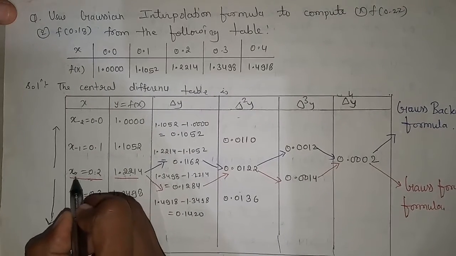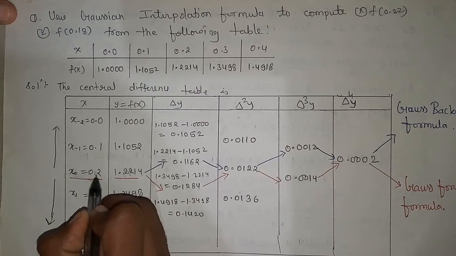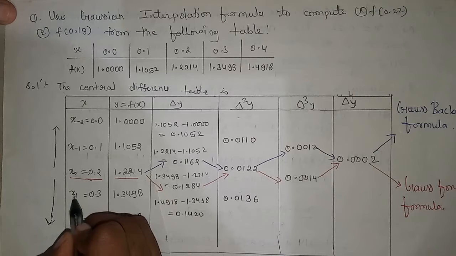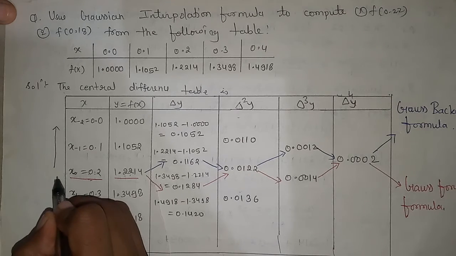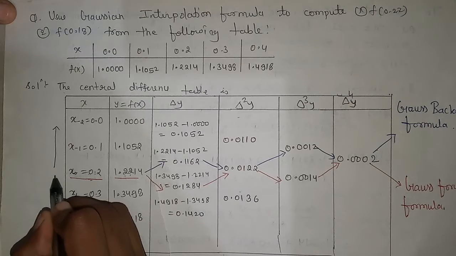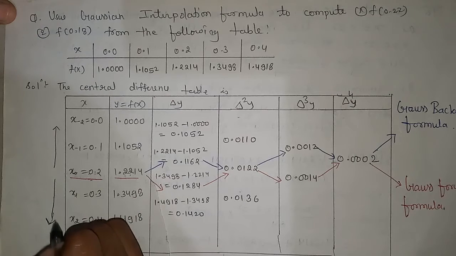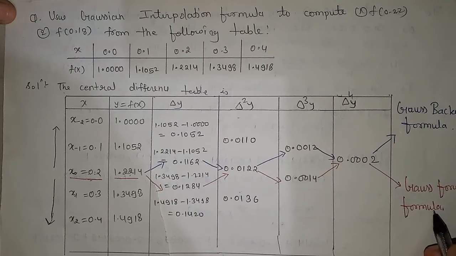So we will directly write x0 as 0.2, and the values before x0 as x minus 1, x minus 2, and after x0 as x1 and x2. If we are moving in the forward direction, that is after x0, then the calculation is done by the Gauss forward formula.